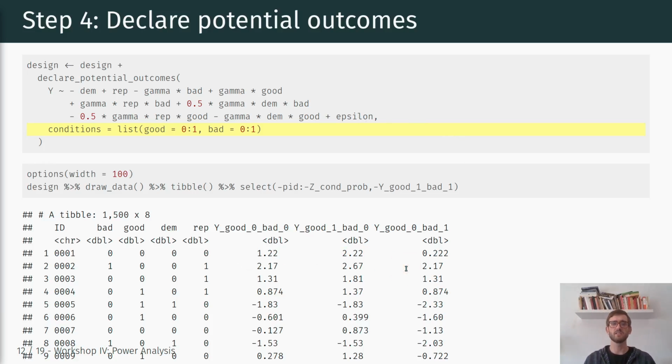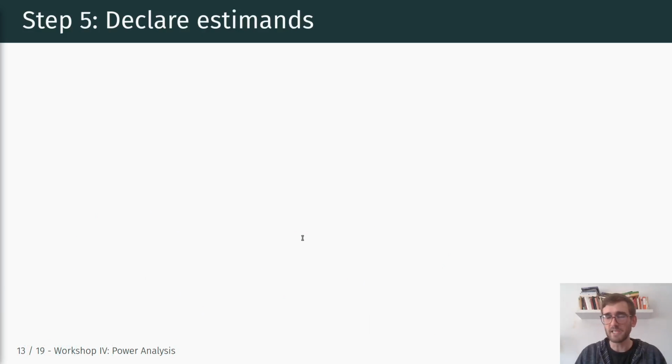Of course, given the fundamental problem of causal inference, we're not observing all of those potential outcomes, but in the hypothetical scenario where we could observe them, we can use them to specify our treatment effects of interest, right? And that's what we're basically going to do now in this step. We're declaring the estimands, which are basically the quantities about the population that we're trying to make inferences about.